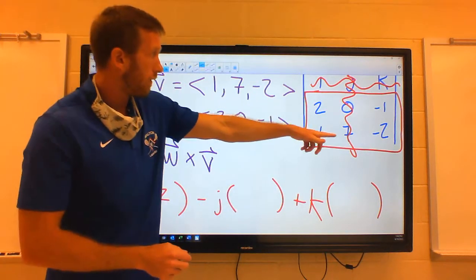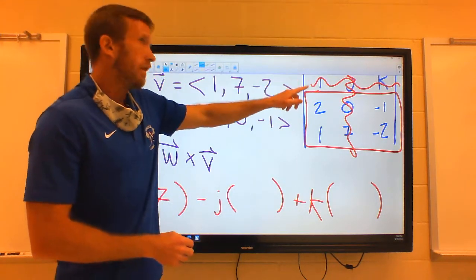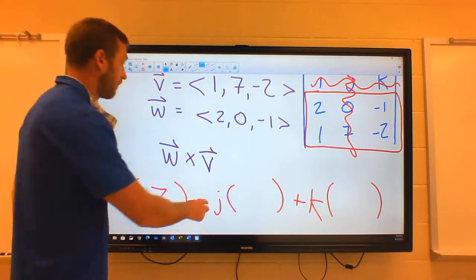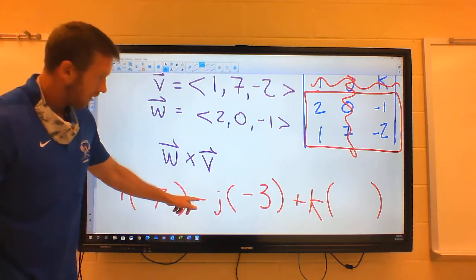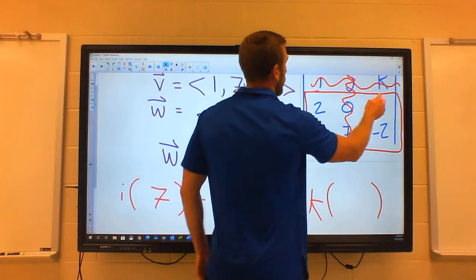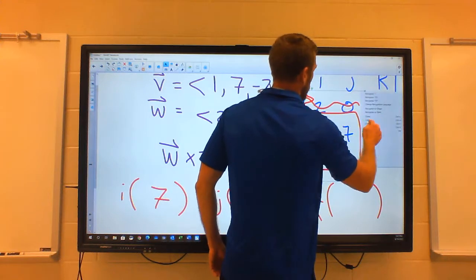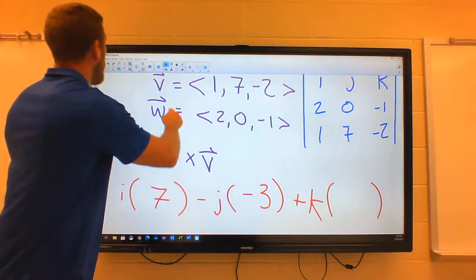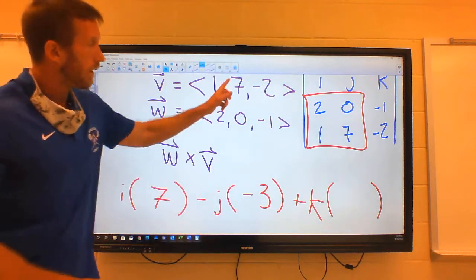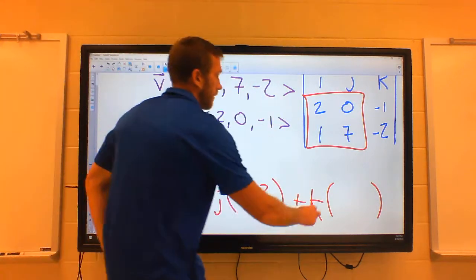So we've got negative 4 minus negative 1. So negative 4 plus 1 is negative 3. Please keep in mind it's going to be negated then afterwards as well. Okay? Boom. And for K, okay, we would use this 2 by 2 determinant, 14.